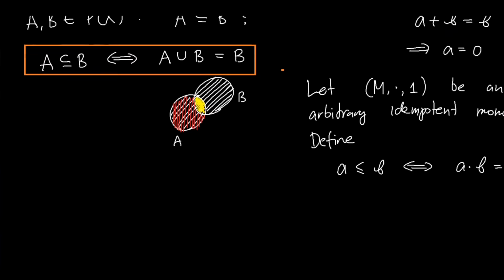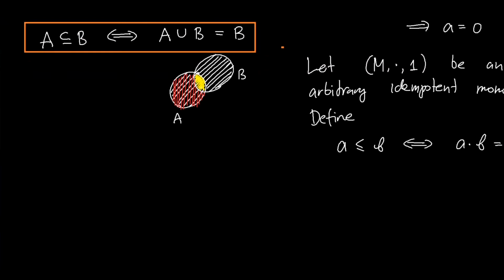Now, what does happen to the less or equal relation? We have a lot of nice properties that the less or equal relation has, right? Let's list a few of them. The first property, let's call this P1, is that it's a reflexive relation.